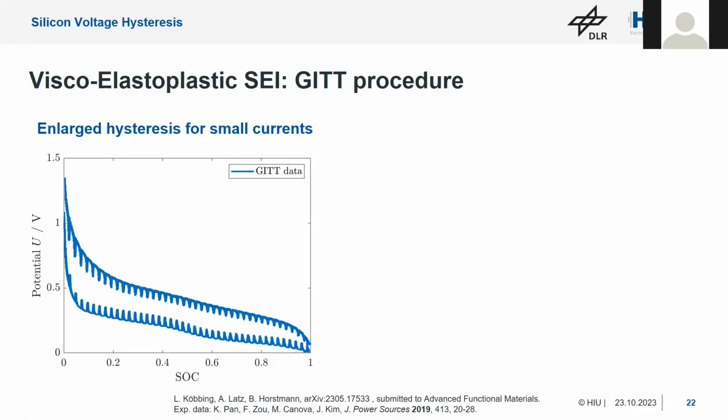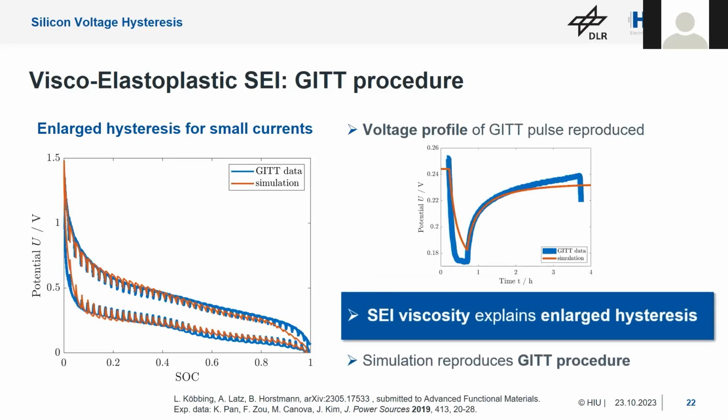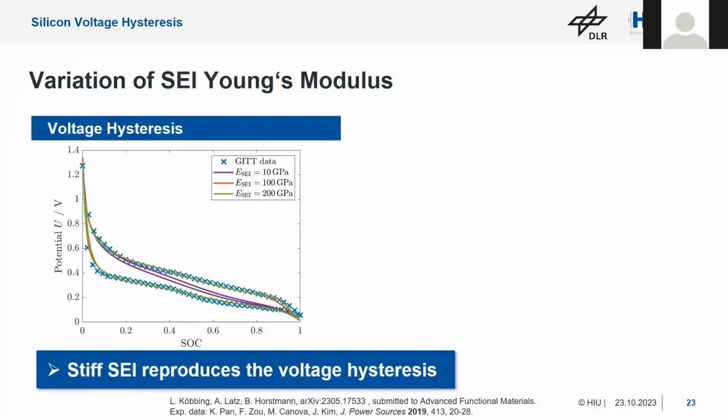And by assuming that the SEI is not just plastic, but viscoplastic, which means that the viscosity depends on pressure, and this is actually a common feature in such materials, we can make our model work for both these GITT data, but also for the slow discharge. And we can also capture the time scale of such a GITT profile, the model.